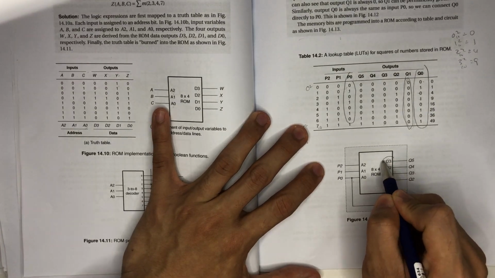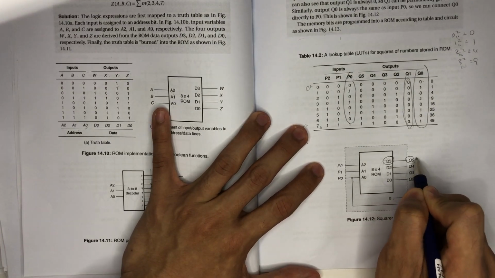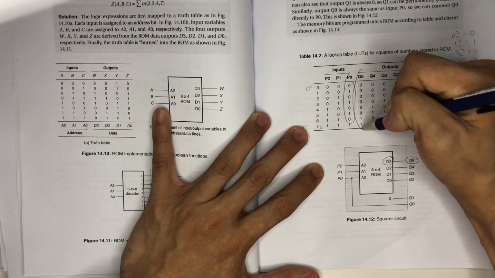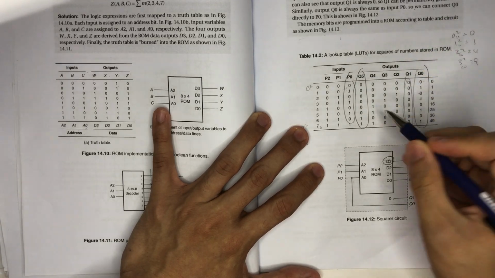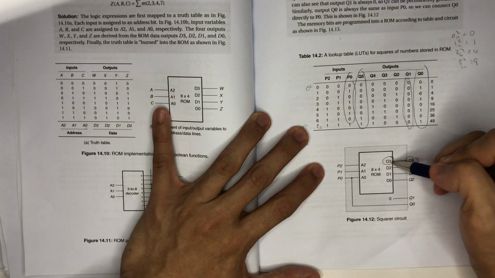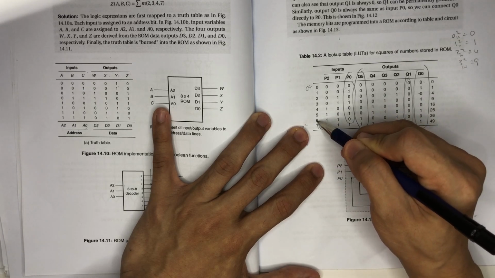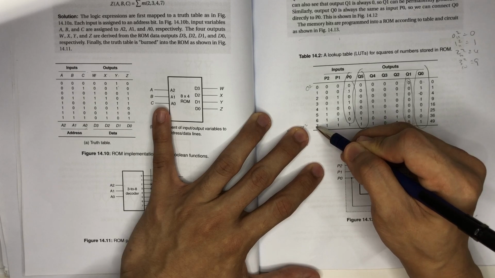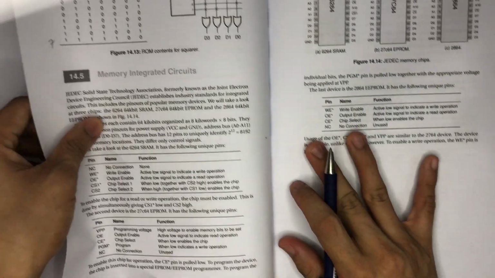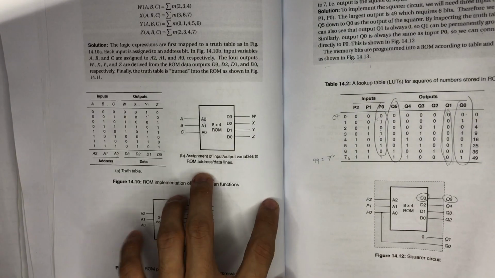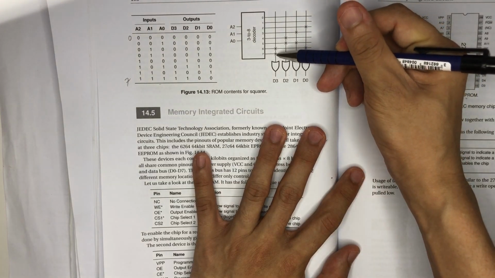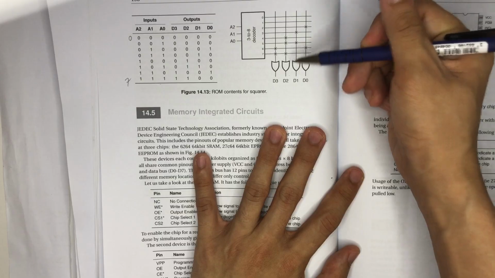You can see, for example, D3 is connected to your Q5. Because Q5 is connected to D3, you can see it is for the inputs 6 and 7. That's why it is 6 and 7 here, and the rest are the same.